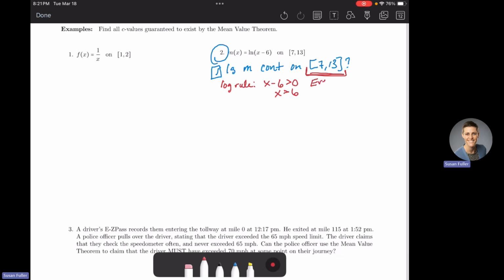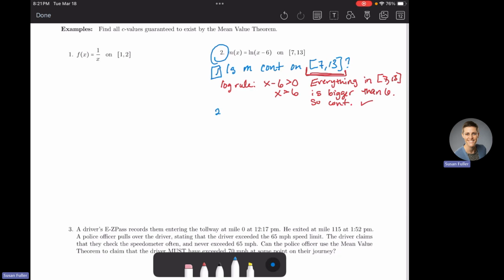So I'm just going to say everything in 7 to 13 is bigger than 6. So I'm continuous. Check. Okay, so we've used our domain rules to check that we are continuous on the closed interval.